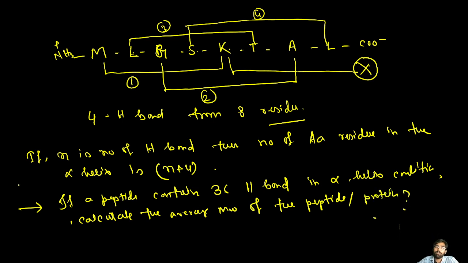This is question number one: if a peptide contains 36 hydrogen bonds in alpha helical condition, calculate the average molecular weight of the protein.